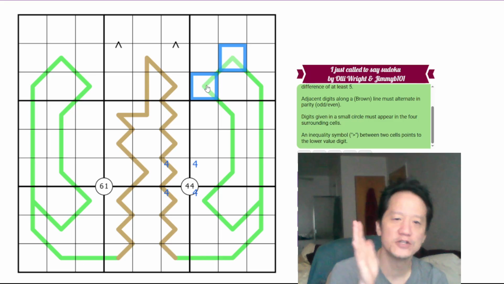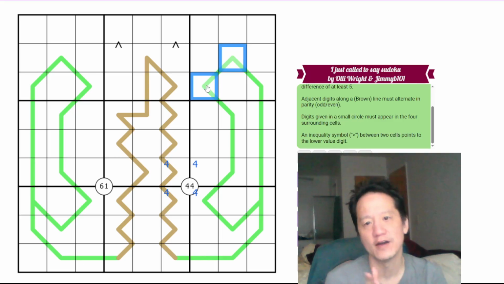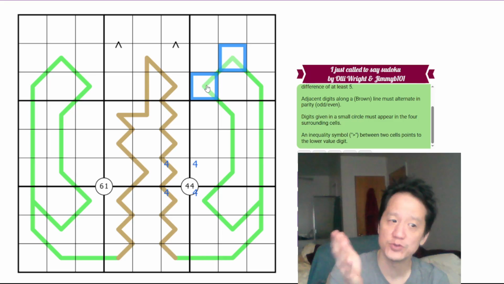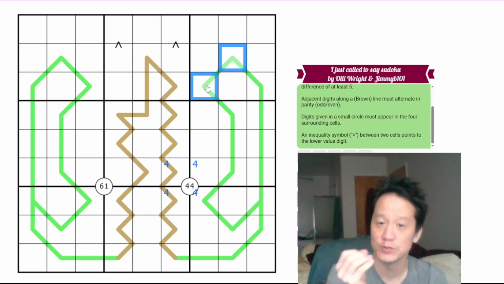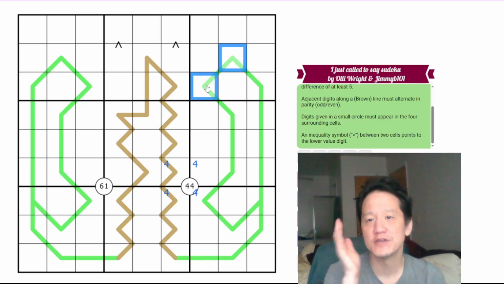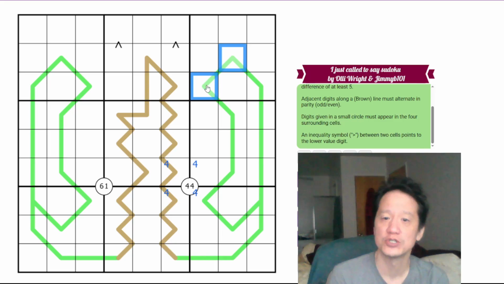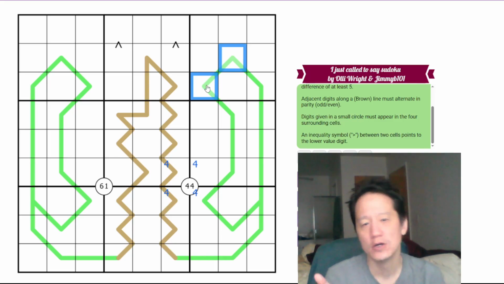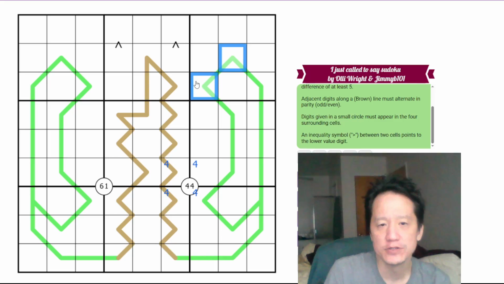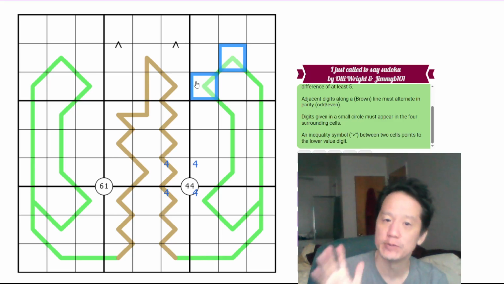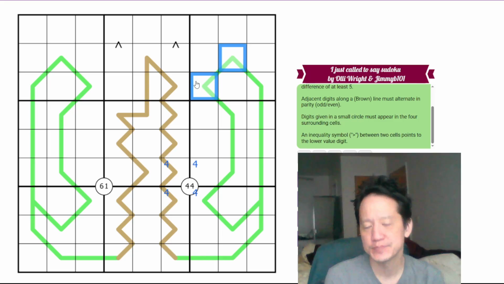But on a German whisper line, you can never have a 5 because if you take 5 and you subtract 5 or more from it, you get 0 or less, which is not a normal Sudoku digit. If you take 5 and add 5 or more to it, you get 10 or more, which are not digits. So therefore, 5 can never be on a German whisper line in normal Sudoku.